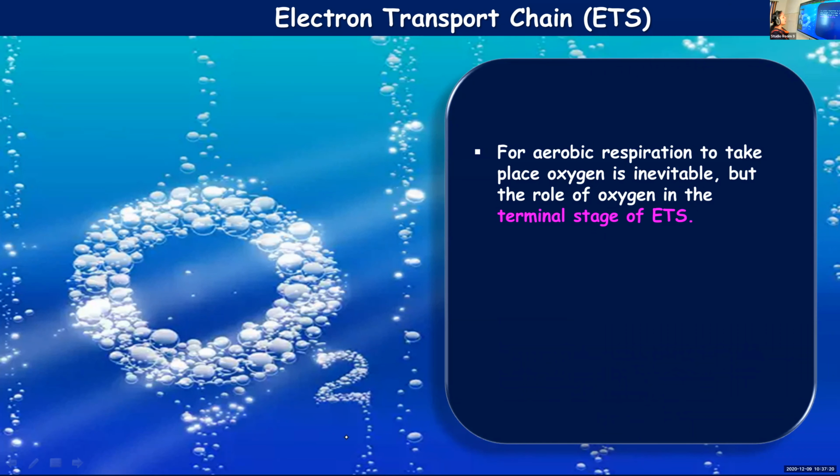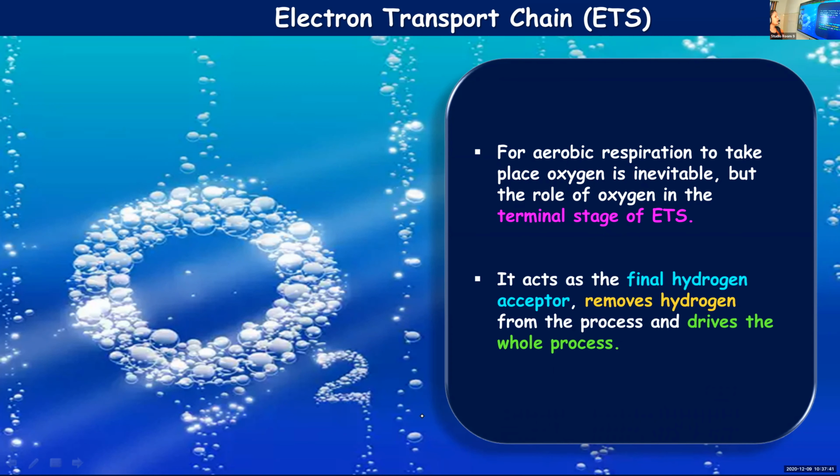And for aerobic respiration to take place, oxygen is a must, oxygen is inevitable. But the role of oxygen is only towards the last stage of the electron transport chain. Oxygen is inevitable, but at the same time, it is needed only towards the end.